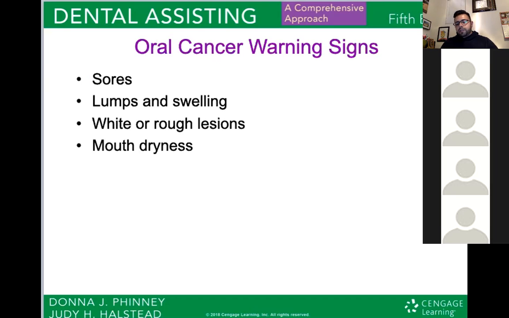A lot of times when dentists do their oral exams, they'll do the oral cancer screening. They'll feel all around, or palpate, the underside of the mouth where lots of lymph nodes can be. If there's swelling there, then they'll know to look further. Sores can occur inside the mouth, and these are sores that don't heal on their own within a month.